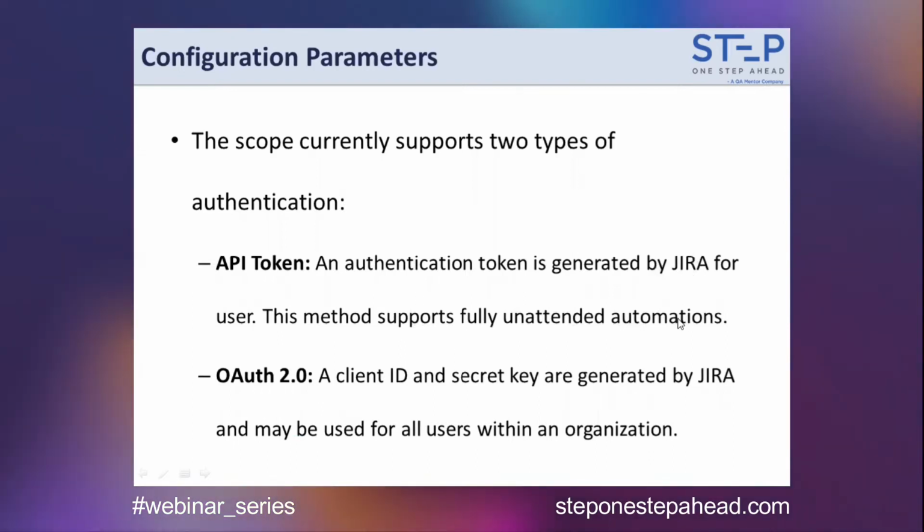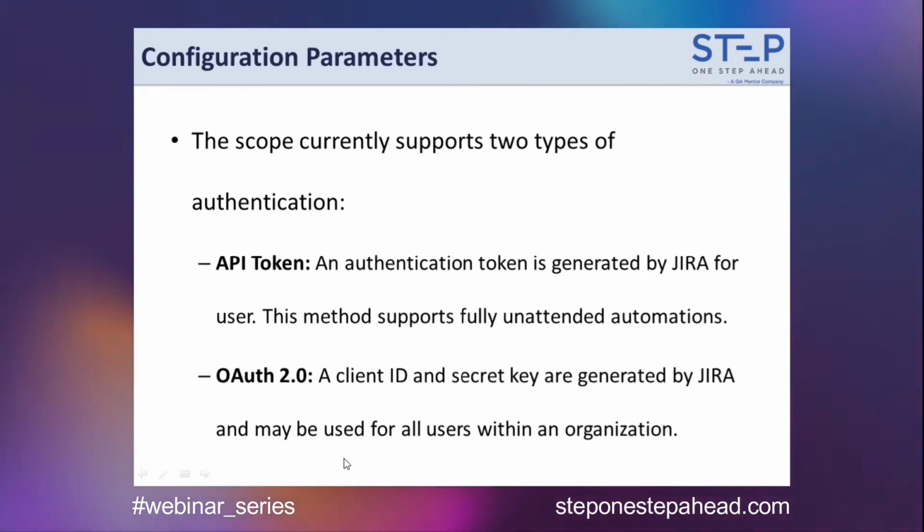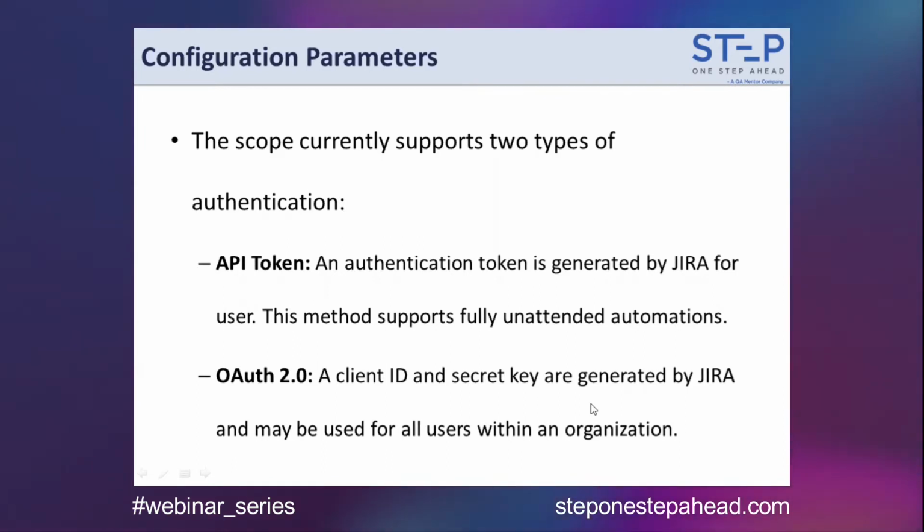Using that, we can easily integrate. And one more method is OAuth. OAuth stands for open authorization. Here the client ID and secret key are generated by Jira, and people within that organization can easily access it.